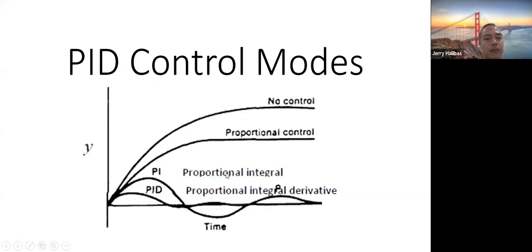Now, the question is, why is it that we're going to discuss the PID control modes? Actually, as we learned last sem, technically we just simply go to auto tune.